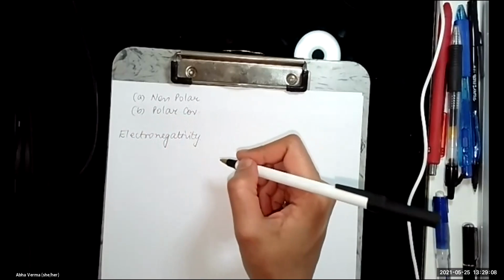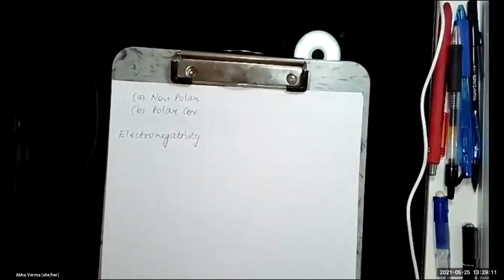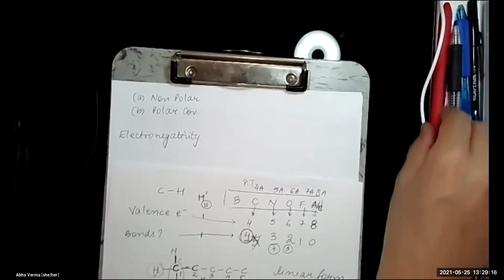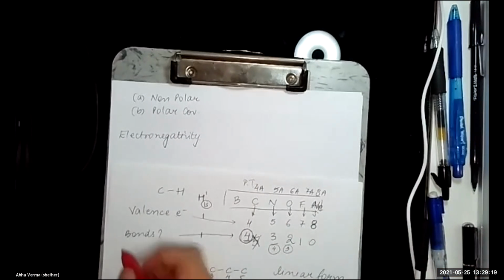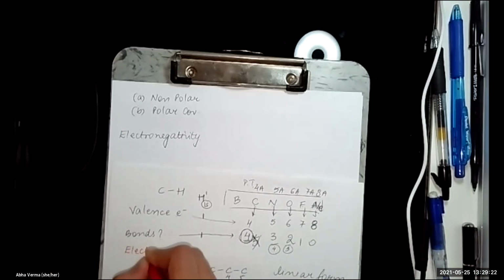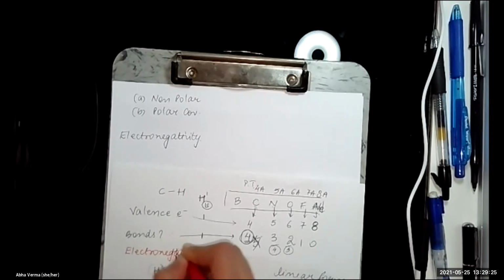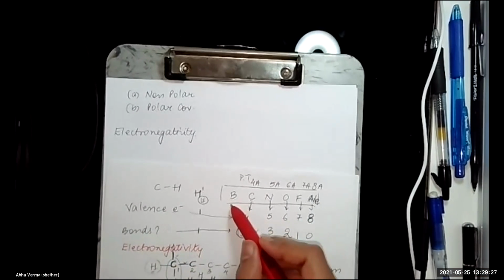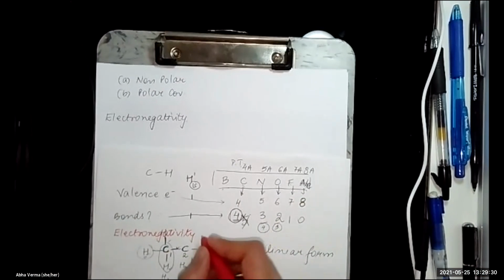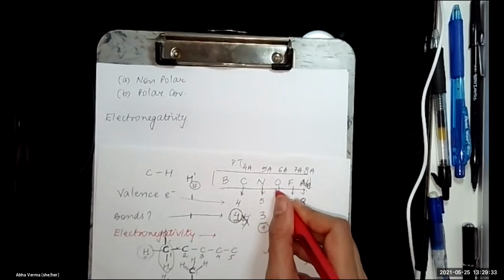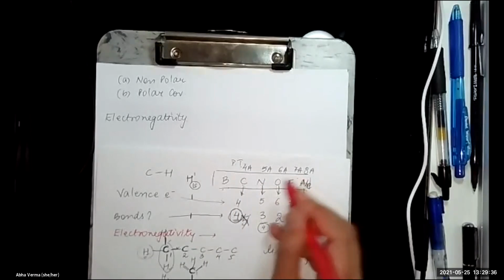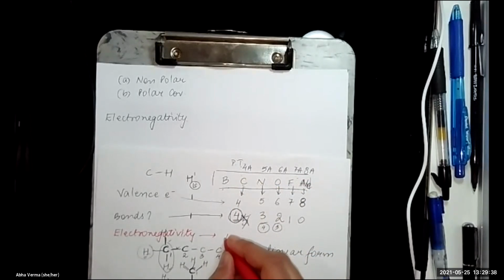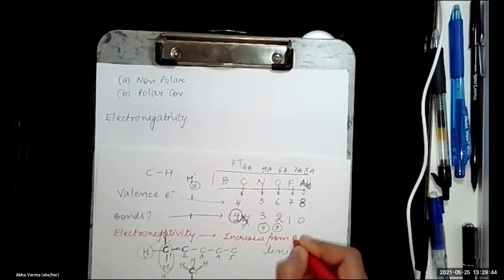Now remember, we were talking about our periodic table. And knowing the trends of your periodic table is also very important. In the second row or any row of the periodic table, the electronegativity increases from boron to fluorine.